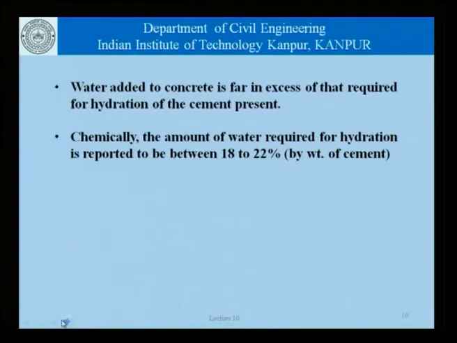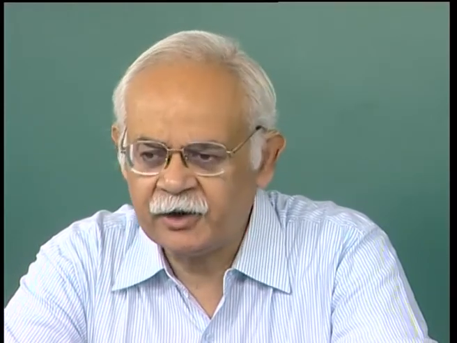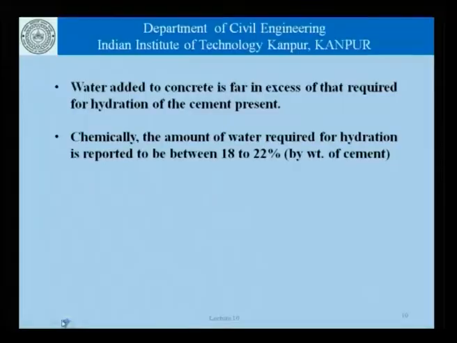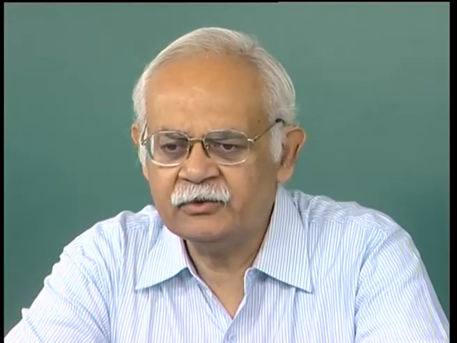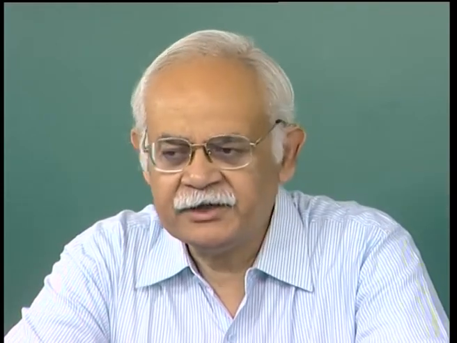If we read different reference papers and books, we would find that the amount of water which has been cited to be required for the complete hydration of cement varies from say 18% to 22% by weight of cement, which basically means that in order to hydrate 100 grams of cement, different people have different values to quote, but the amount of water required varies from about 18 to 22 grams.